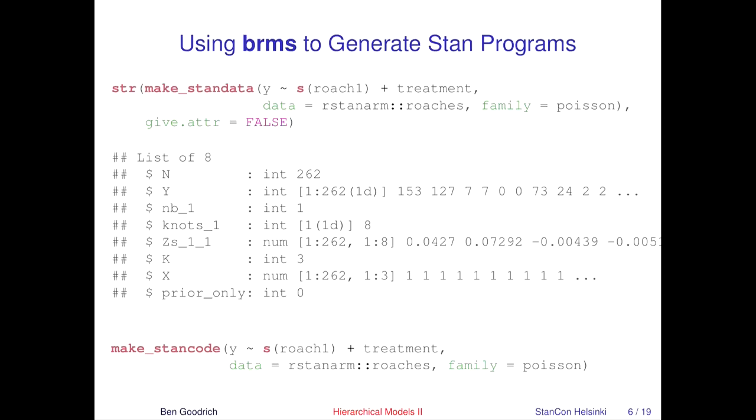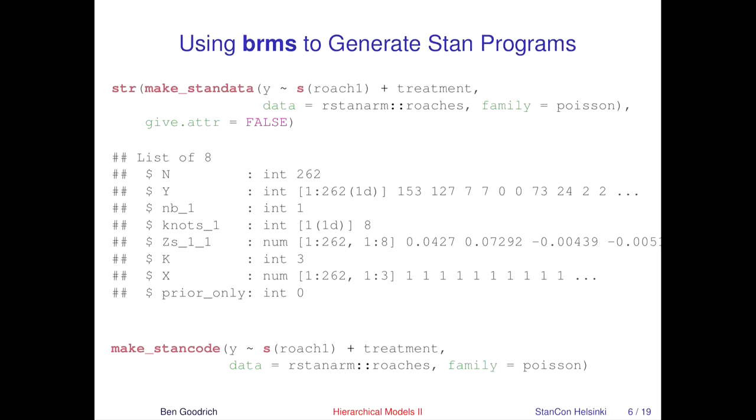And when doing so, it's good to keep the list of data that's being passed to Stan handy, so you can go back and refer to the different things in order to understand the Stan program better. So we can see in this case, BRMS is creating a list of 8 things to pass to the data block of a Stan program.